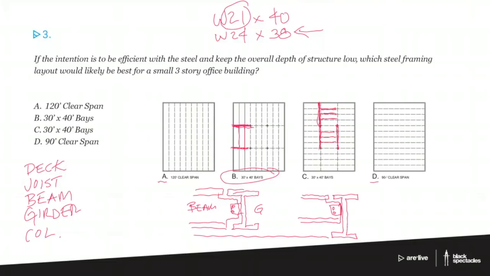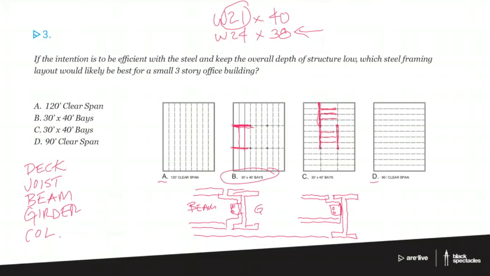Okay, and then a different Brian asked, the question asking to be efficient with steel, wouldn't making all the beams bigger be less efficient than having just the girders be deep? Well, the actual answer to that is typically no, which is interesting, but that's sort of a long question.